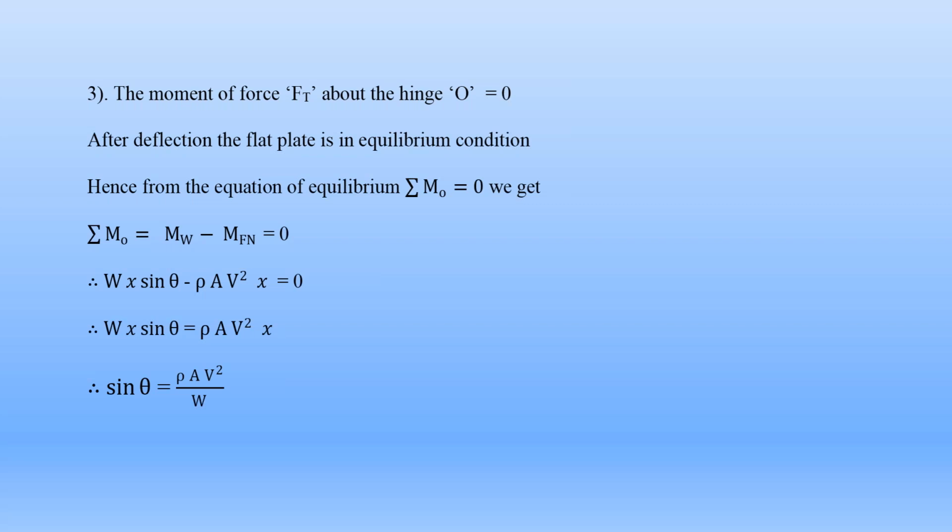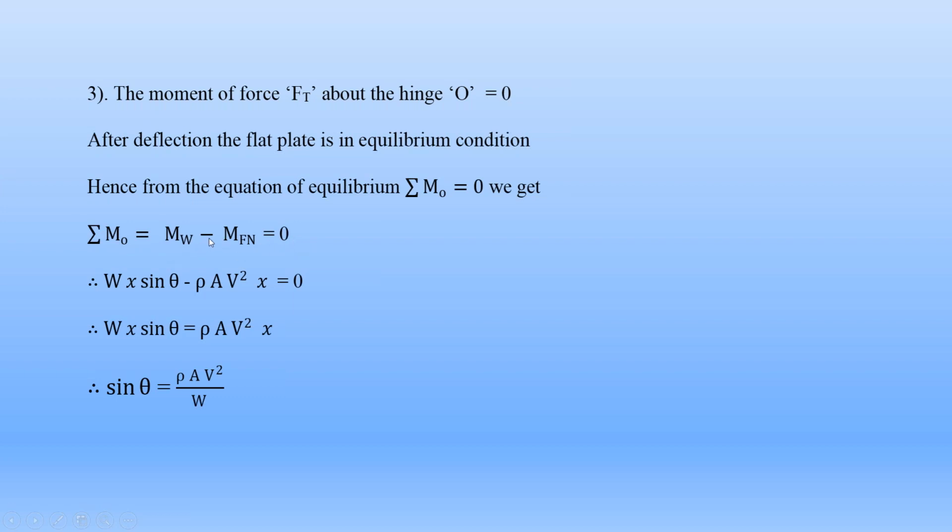The moment of weight W, Mw, is equal to W into x sin theta. The moment of force Fn, Mfn, is equal to rho A V square into x. Since we calculate the moments about the hinge, always about the hinge, the algebraic sum of moments is 0. So about that hinge, sigma M_O is equal to Mw minus Mfn equal to 0.